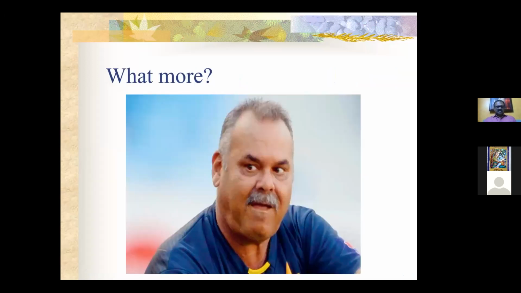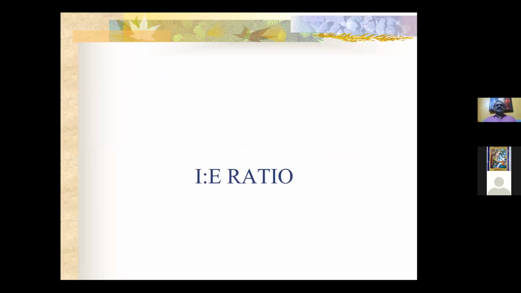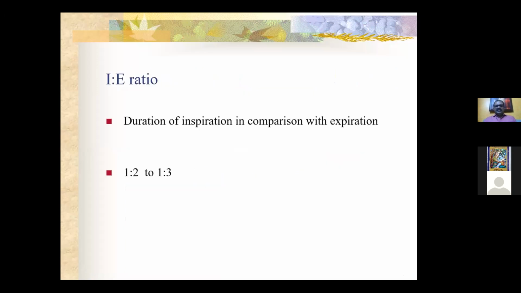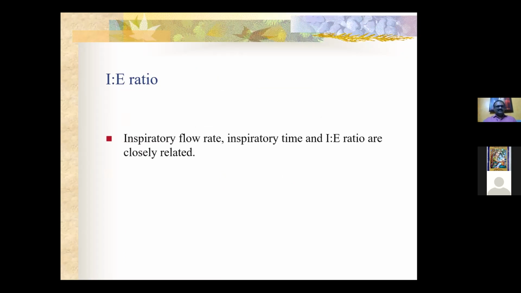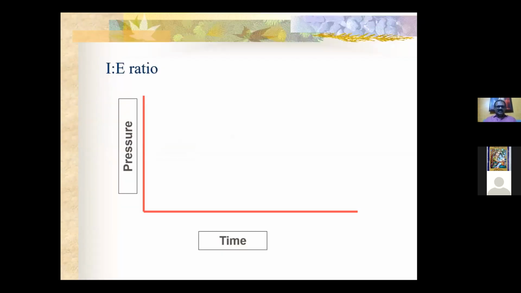So what more is there? The other one is the IE ratio. Usually, IE ratio is inspiratory-expiratory ratio, the duration of inspiration in comparison with expiration. Usually we set an IE ratio of 1:2 or 1:3. Depending upon the inspiratory flow rate and inspiratory time, the IE ratio can change. So I'll try to explain.